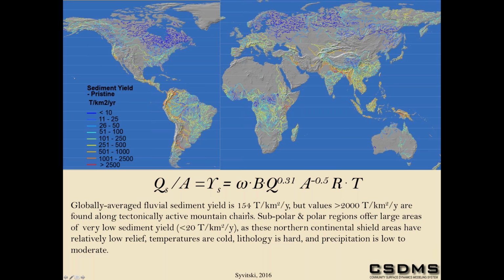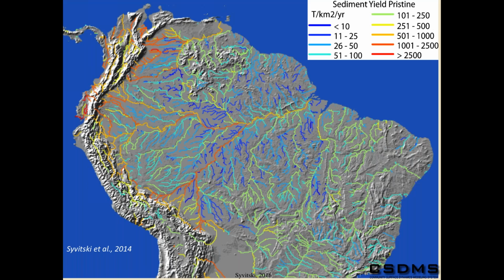The global average is 154. Where you have high mountainous regions, you can get areas of sediment flux well over 2,000 tons per square kilometer per year. So yield is highly variable across the world. Highest yields are typically in the mountainous tropical and subtropical regions of the world.